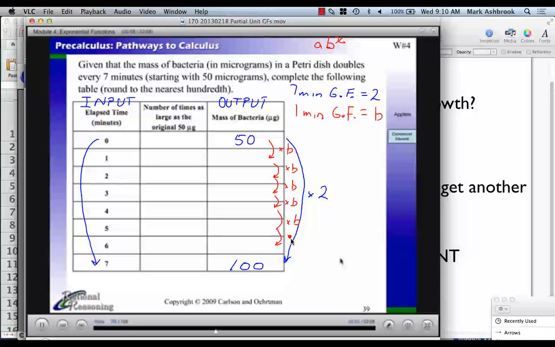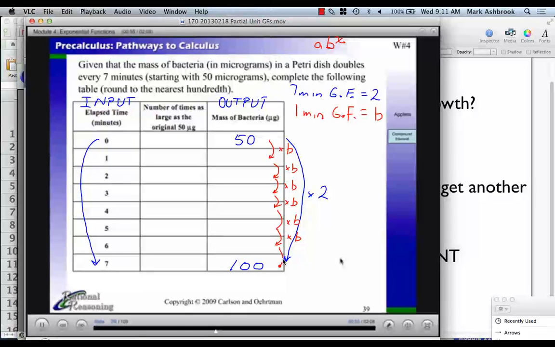Okay, don't tune out and wait for the punchline. This is the punchline. This kind of understanding of what's going on will allow you to do any kind of problem. So don't wait for the steps or the formula that's coming at the end, because what I'm showing you is much more powerful than that. You could take any exponential problem and work it out if you really understand what's going on here.